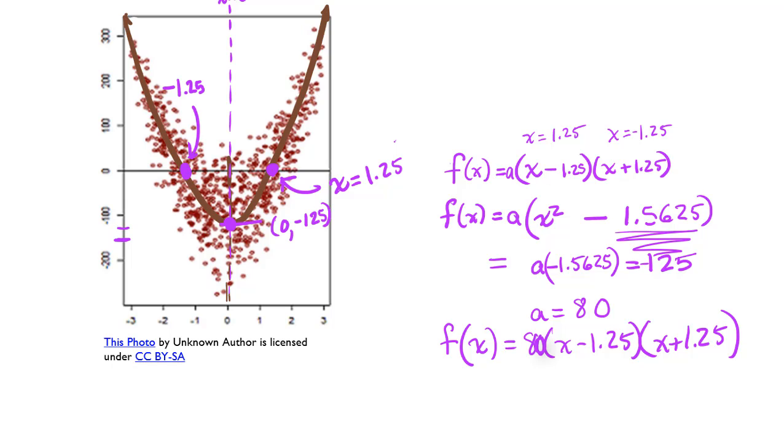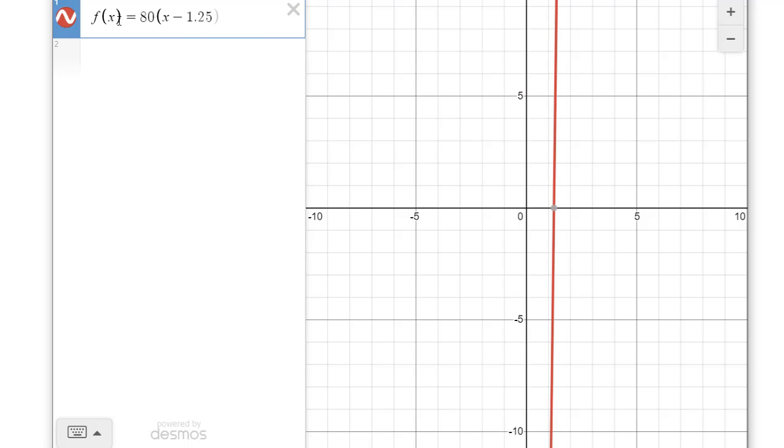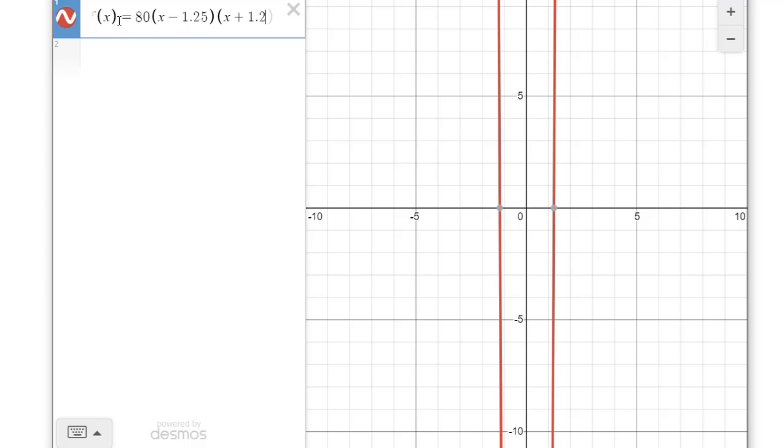Now let's just, out of curiosity, graph this. So we have the graph f of x equals 80 times (x minus 1.25) times (x plus 1.25).